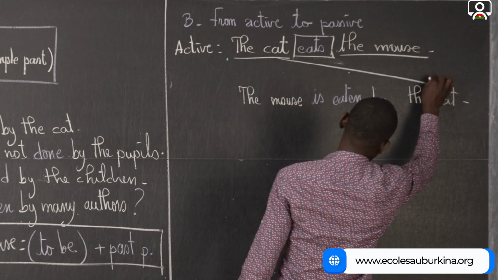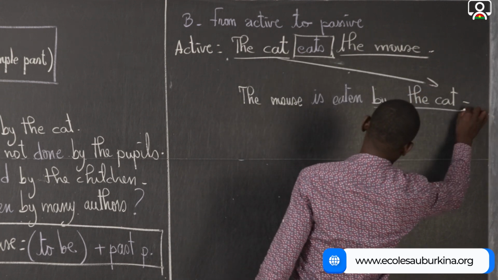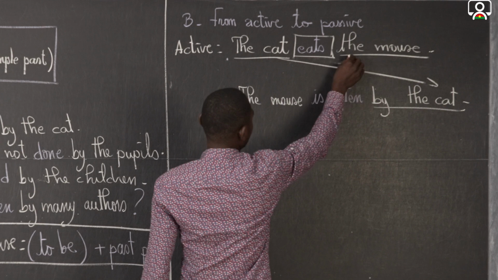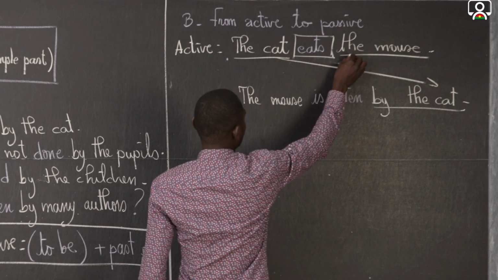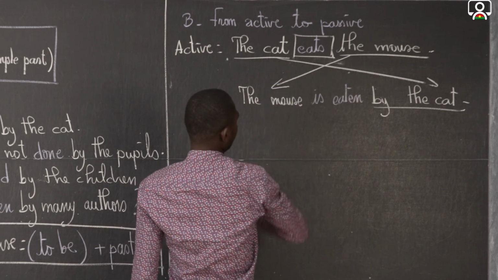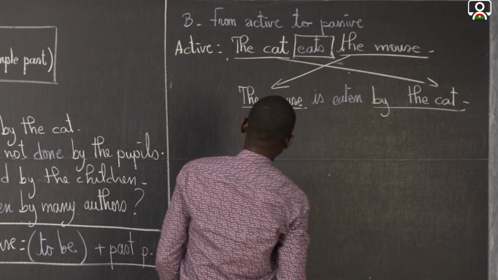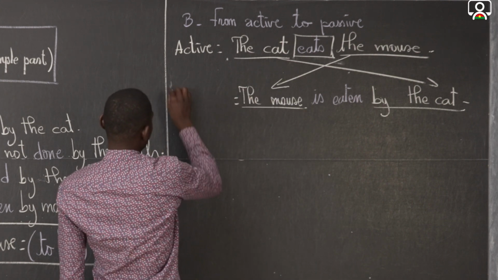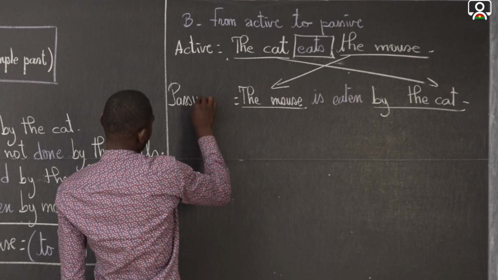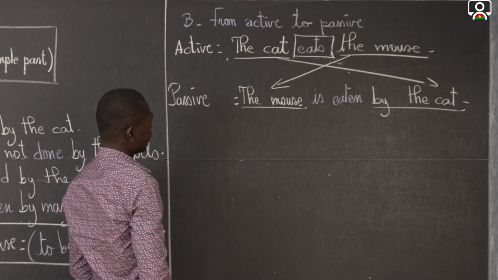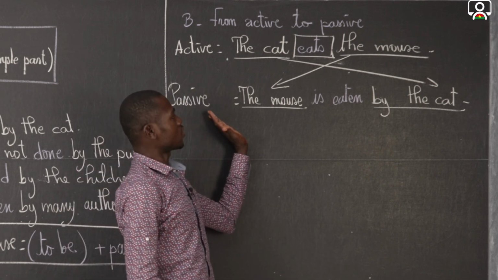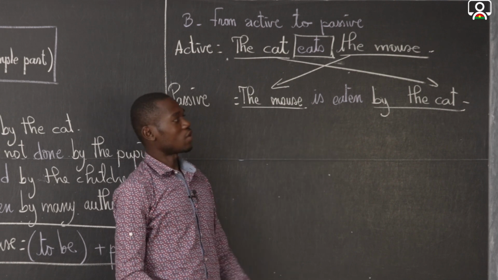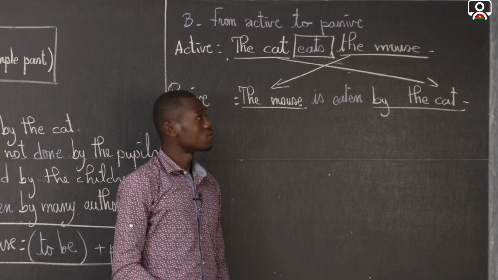Subject becomes agent, and object becomes subject in the passive. Okay? So in the passive, the sentence is the mouse is eaten by the cat.